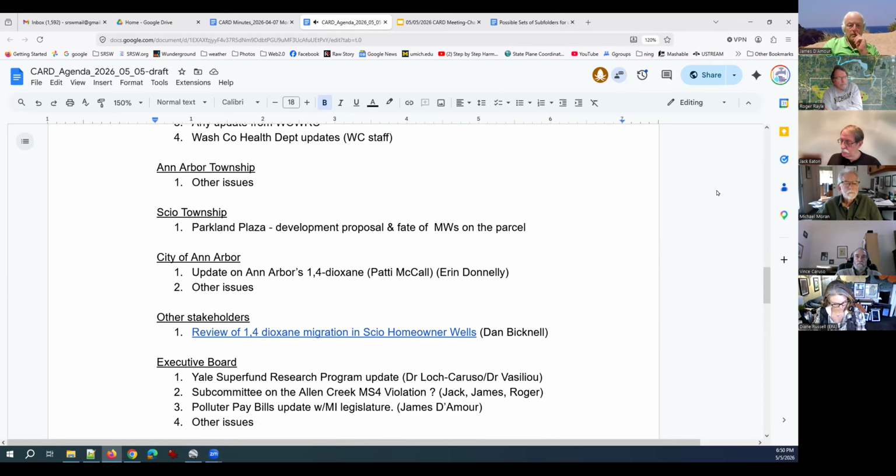We are still waiting for the developer to give us more information on some trees, hundreds of trees that were cut down unbeknownst to the township. And so there's an inconsistency with what's in the plan and the state of the terrain.